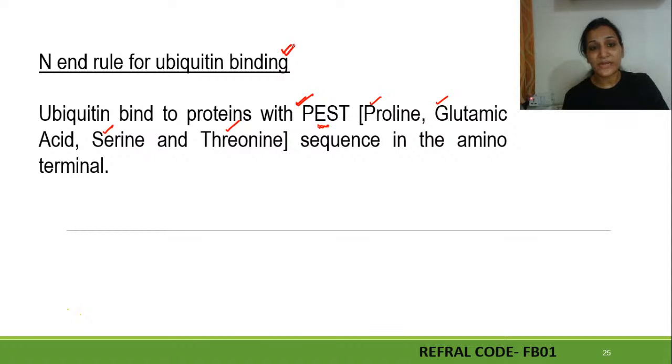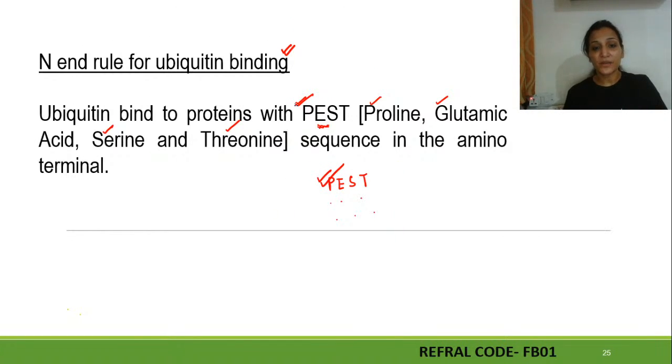So ubiquitin will be binding at these amino acids. There can be questions of various series, proline, glutamine, serine and glutamic acid and serine and threonine, or some other combination. So you have to remember this code PEST, or it can be shuffled also.